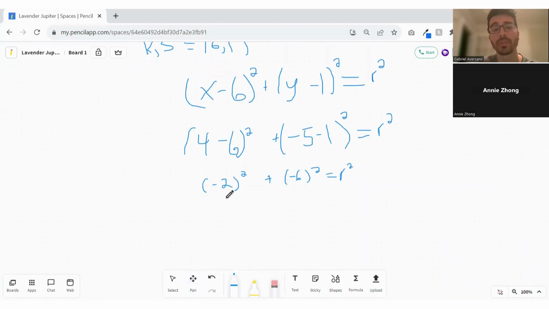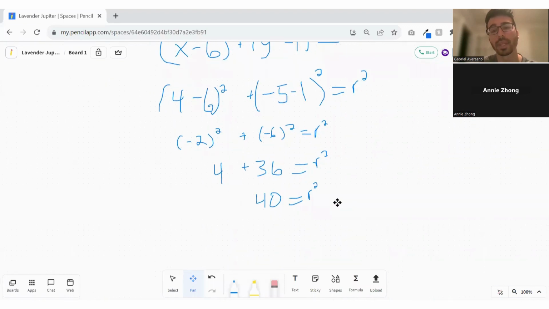-2 squared. Remember, if you have a negative squared, it becomes positive. That's a +4. And this one will be a +36. Add those together. And 40 is equal to R squared. If we wanted to find R, we could take it as the positive square root of 40.